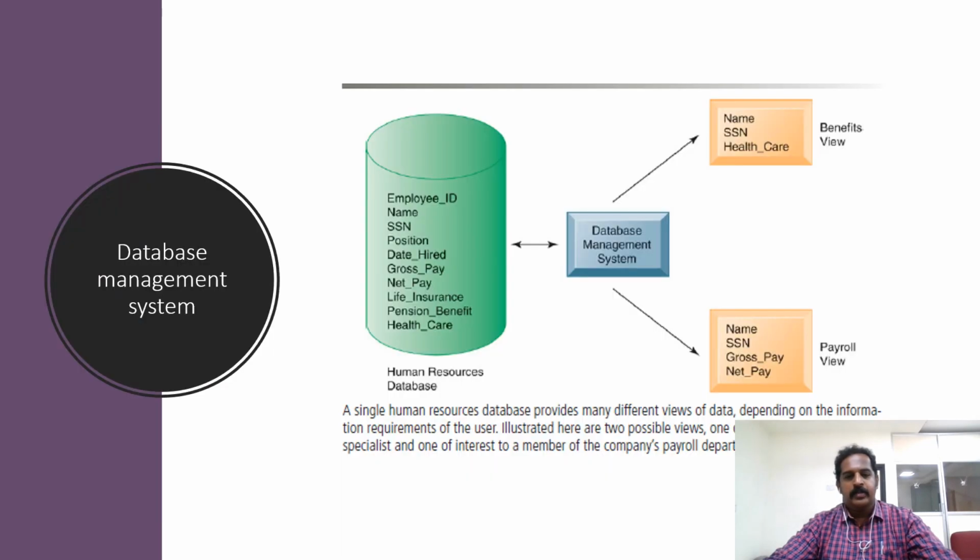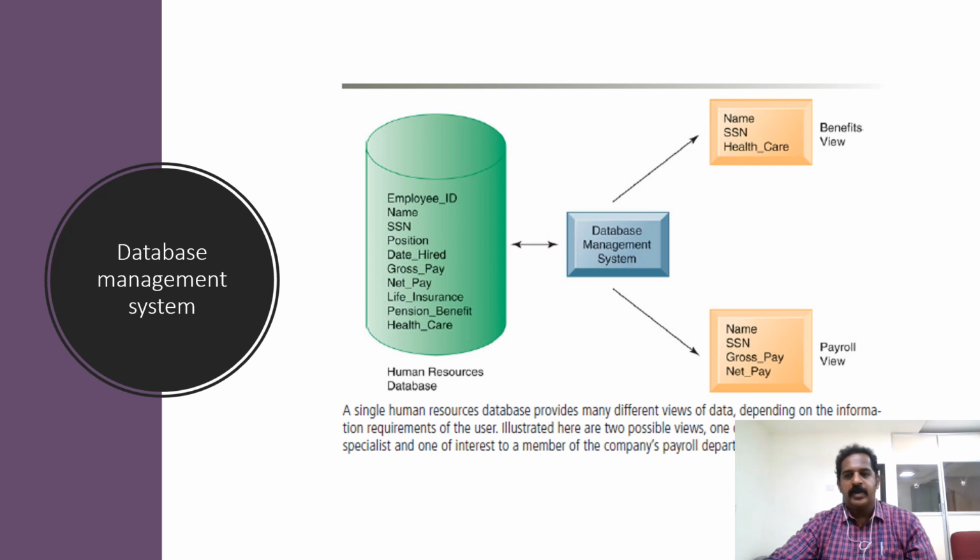The next thing is how the database management system actually works. For example, if an employee has a file of data, like his name and SSN, position, the date when he was hired, and his gross pay, net pay, life insurance, pension benefit, healthcare.